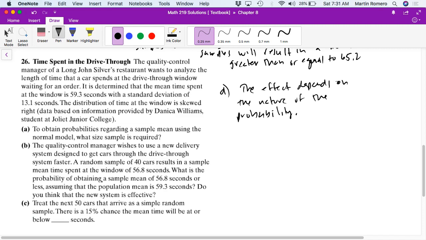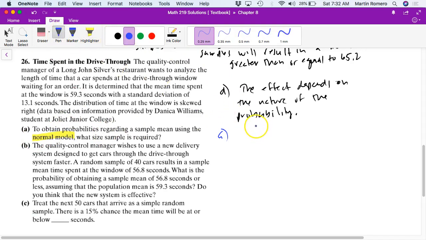So what allows us then to apply some of these normal rules? For question A, to obtain probabilities regarding a sample mean using the normal model, meaning using the rules that we've been using, the normal calculator, what sample size is required?